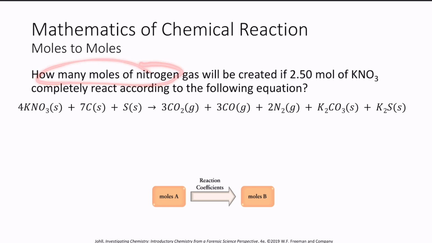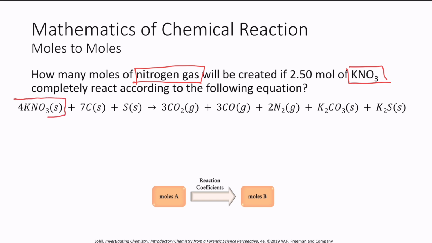How many moles of nitrogen gas will be created if 2.50 moles of potassium nitrate completely react? Something I want to point out to you is I am only concerned with potassium nitrate and nitrogen gas. So for this problem, those are the only two things that I am going to be looking at.